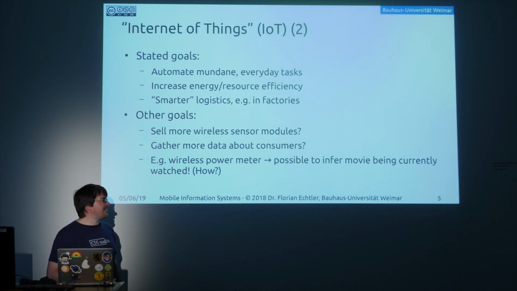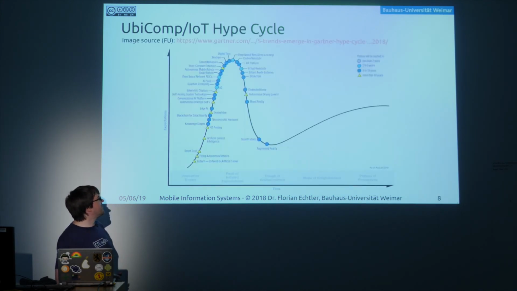The whole idea behind Internet of Things is maybe a little oversold by now. This is also reflected in this so-called hype cycle. I don't know if you already heard of this. This is from a consulting company called Gartner, and they publish this every 2 years.